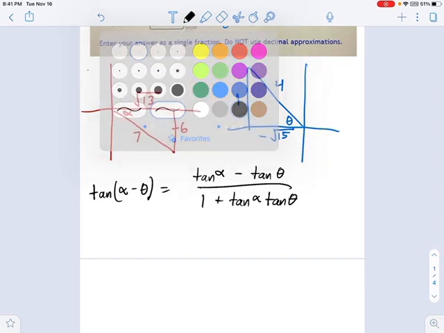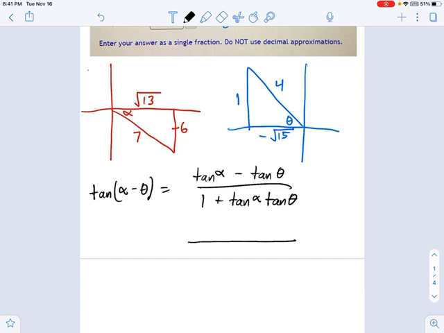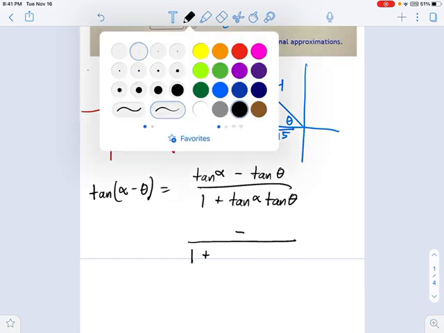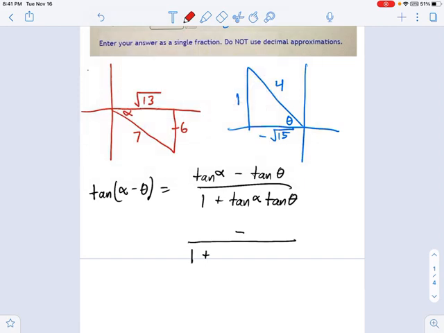Here's my fraction. On the bottom, I've got 1 plus something, and on the top, I've got a minus. Tangent of alpha is opposite over adjacent, that's going to be -6 over root 13.